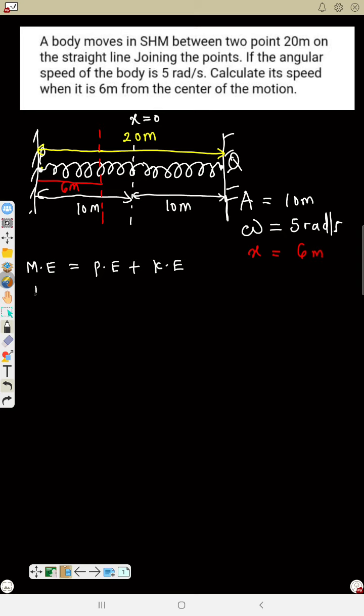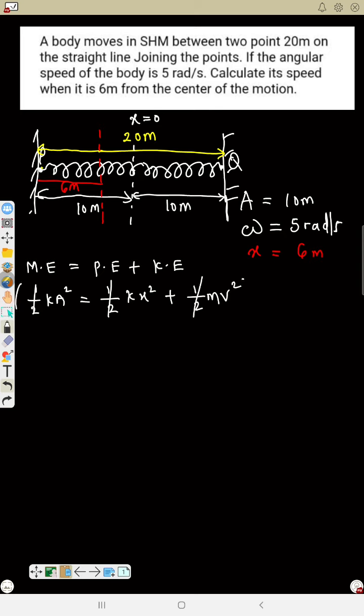So mechanical energy is half Ka squared, equals potential energy half Ks squared plus kinetic energy half mv squared, the kinetic energy of a moving body. Now in this case, the half can go because they are the same.